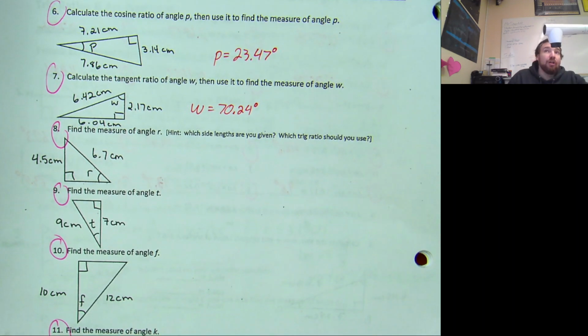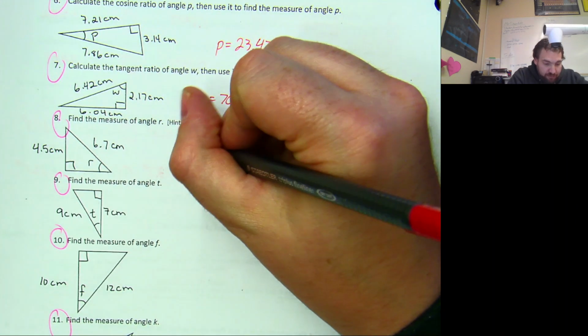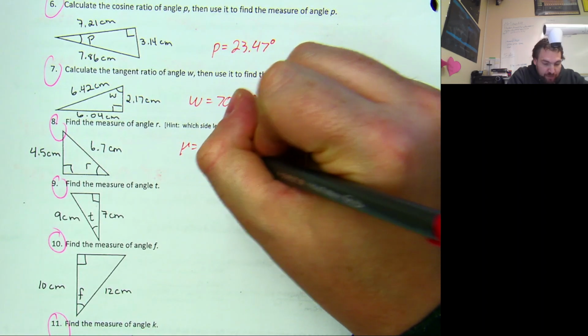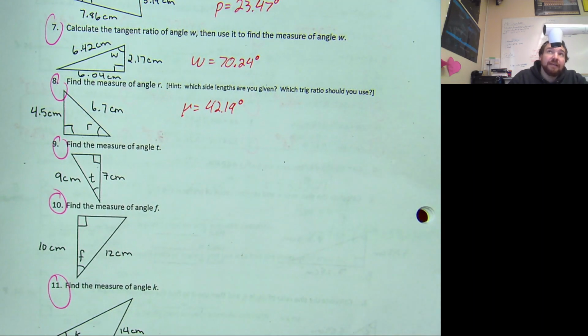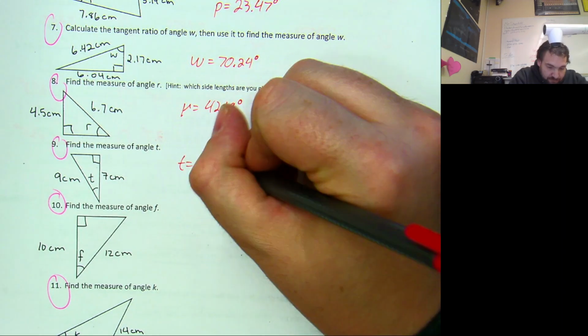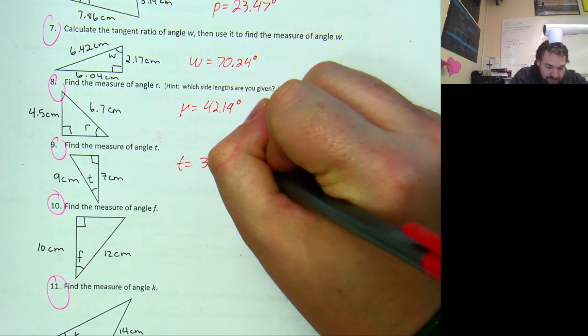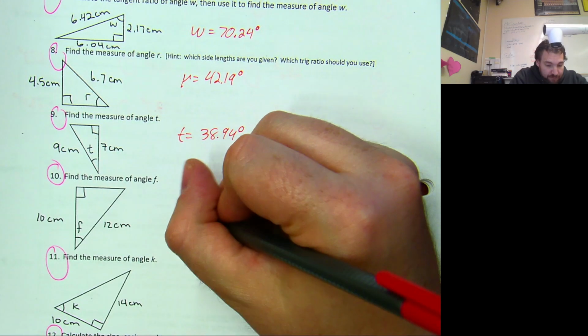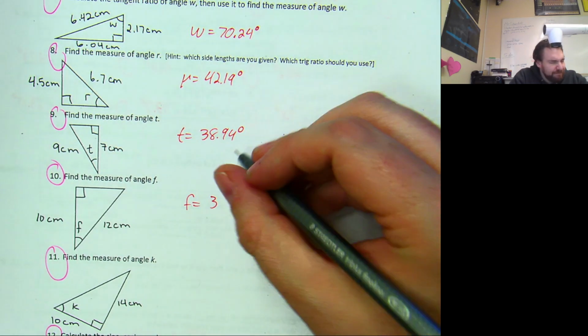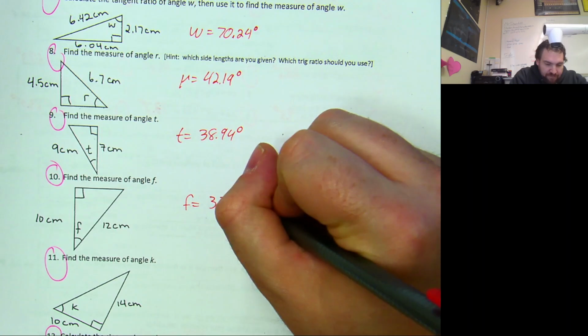The measure of angle R. 42.19 degrees. Number 9, the measure of angle T. 38.94 degrees. Number 10. 30 what, sorry? 0.56.